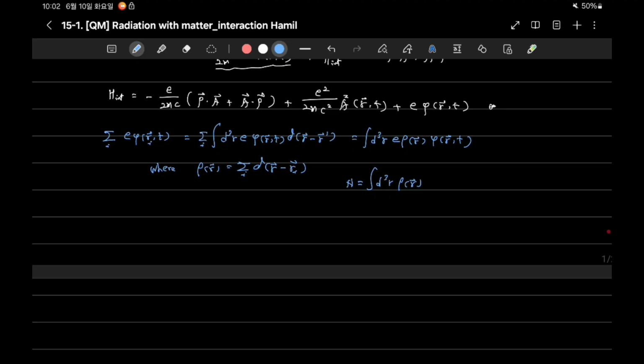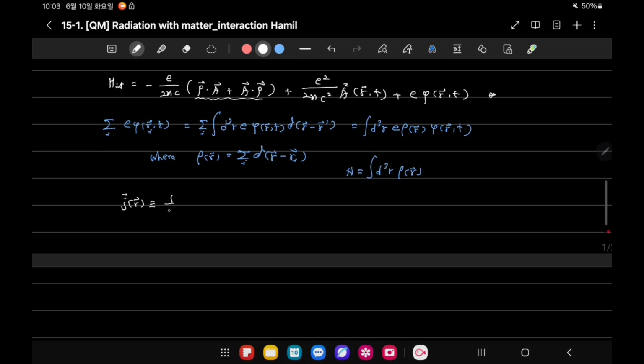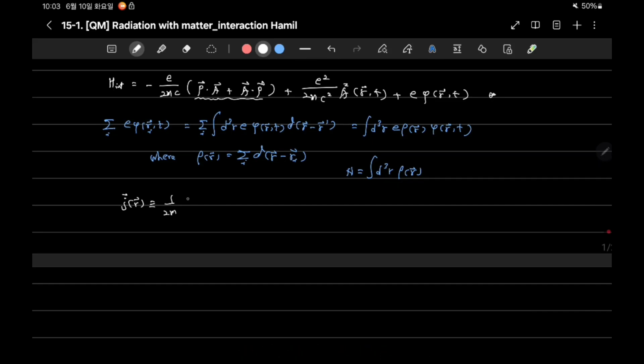So here let's define this term, the first term, which has the current density JR. Let's define it as 1/2m, the summation over i of pi delta R minus Ri without vector potential, plus the delta function R minus Ri and pi.